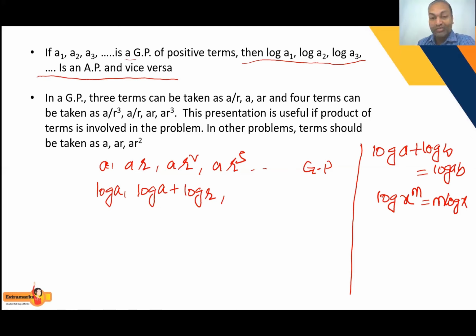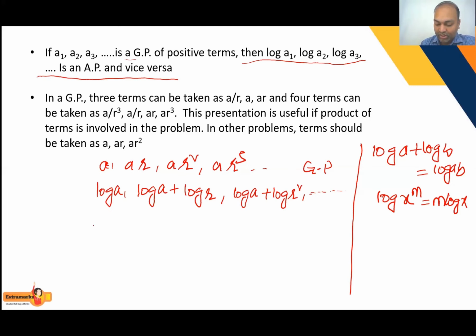It is in A into B form, so you write this condition: log a plus log r square, comma, and so on. Now observe this one, it is in the form of log x power m. What we wrote as the formula is m log x, that is, this power you write outside of the log, then automatically this value will be what?